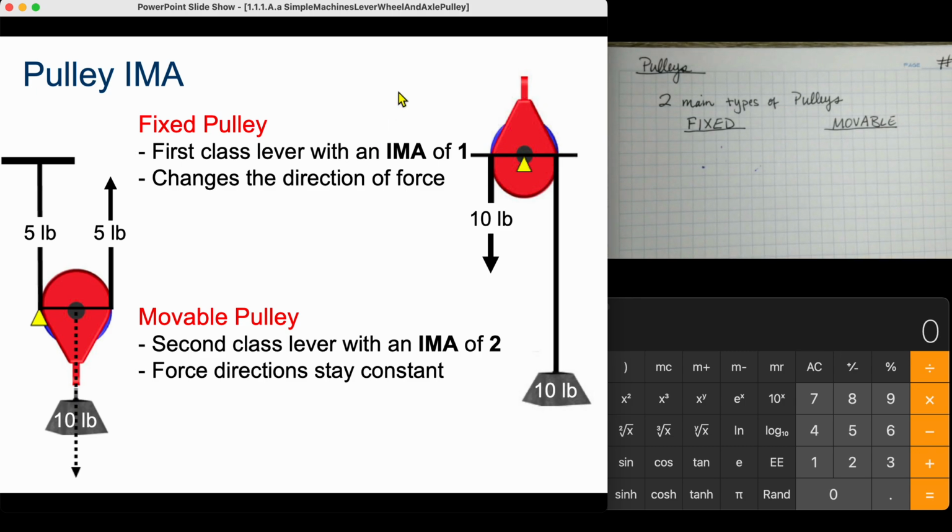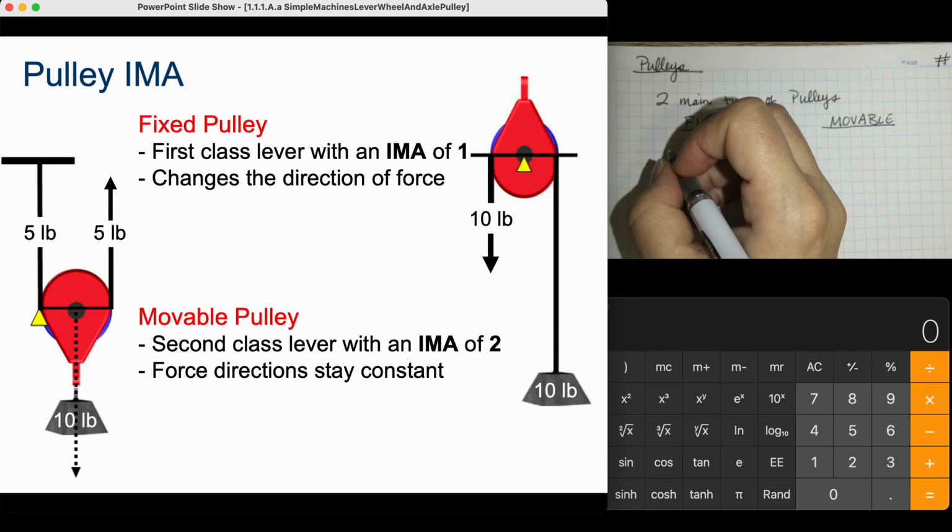So the first one here, that's the fixed pulley. Fixed meaning, see how there is a thing to attach it to the ceiling up here, like a hook? This pulley is going to stay stationary, connected to the ceiling or the roof or the crane that is holding it.